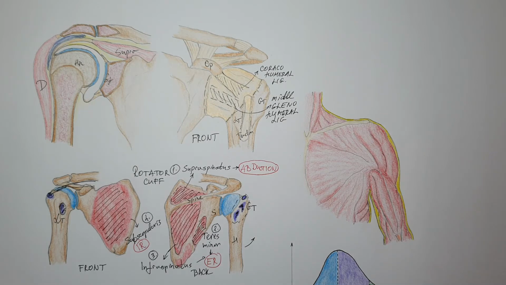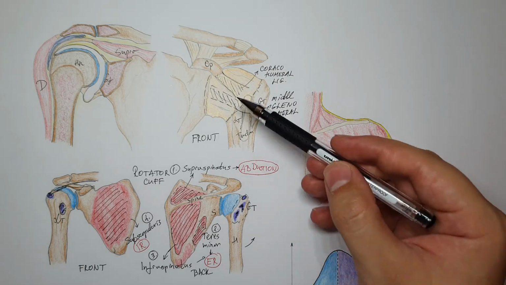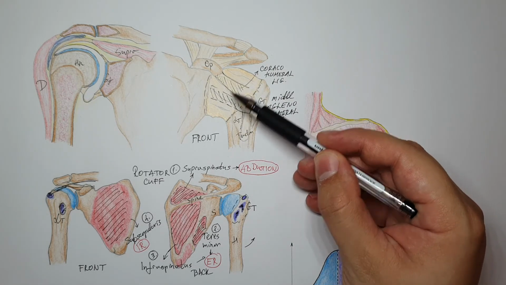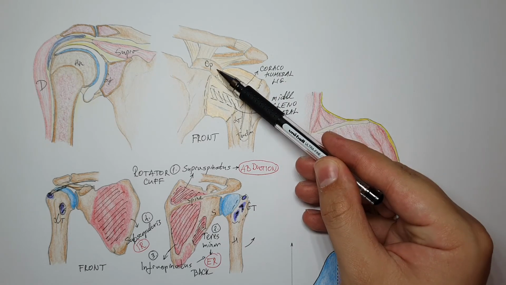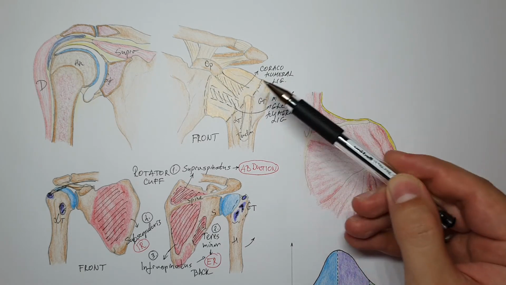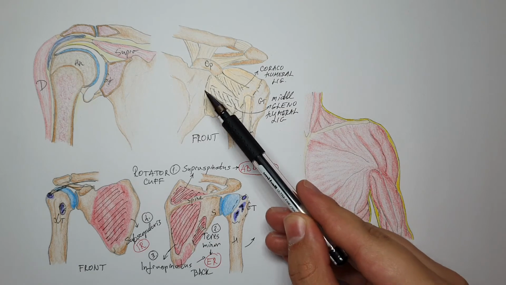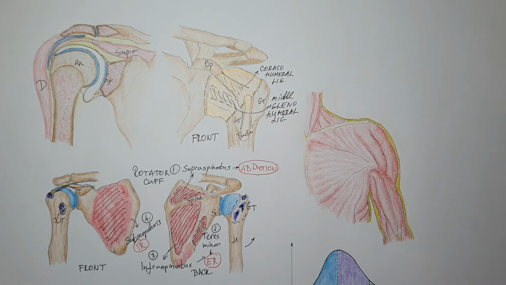But for this purpose, the important thing is the capsule, the anterior capsule especially, the coracohumeral ligament that is going from the coracoid process to the humeral head, and the glenohumeral ligament that is going from the neck of the scapula to the anatomical neck of the humerus.